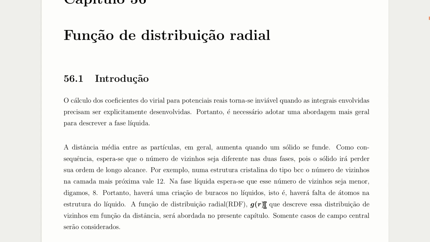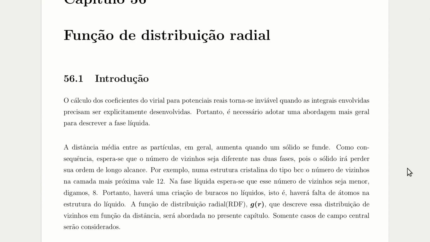G of R will be denoted by the radial distribution function, and it describes the number of neighbors around a point, on average, of course. And let's give a very simple example. Suppose a solid in a BCC configuration. The first shell has 12 neighbors.